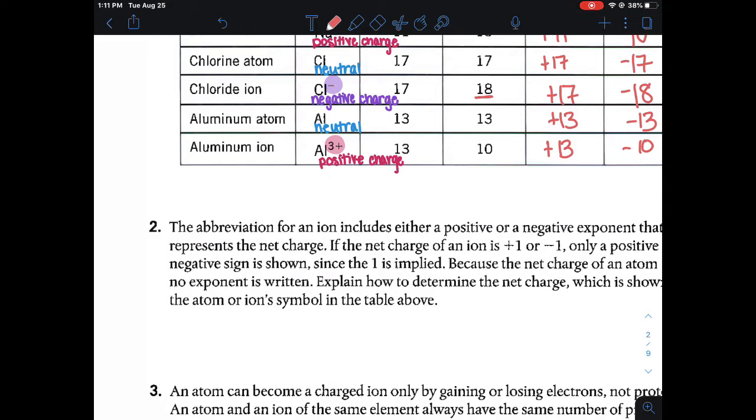Because the net charge of an atom is 0, no exponent is written. So atom is always a dead giveaway that the net charge is 0, neither positive nor negative. Explain how to determine the net charge, which is shown on the atom or ion symbol in the table above.